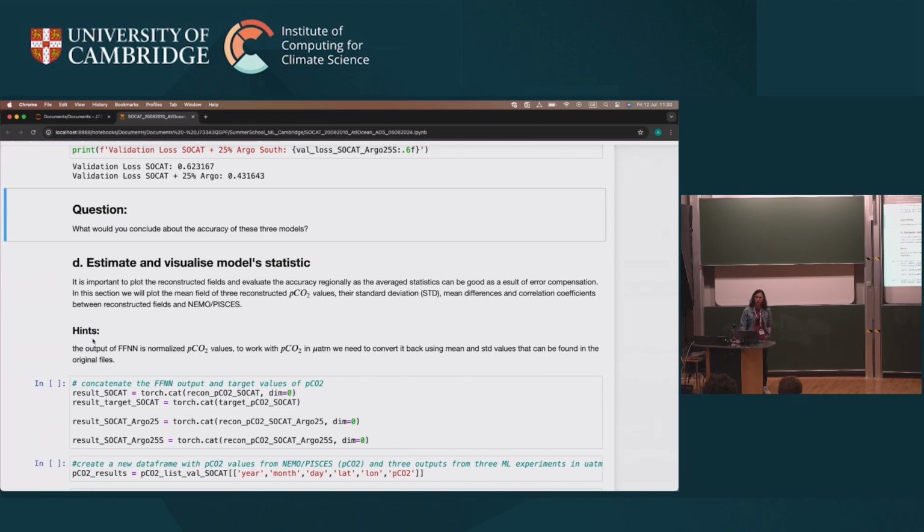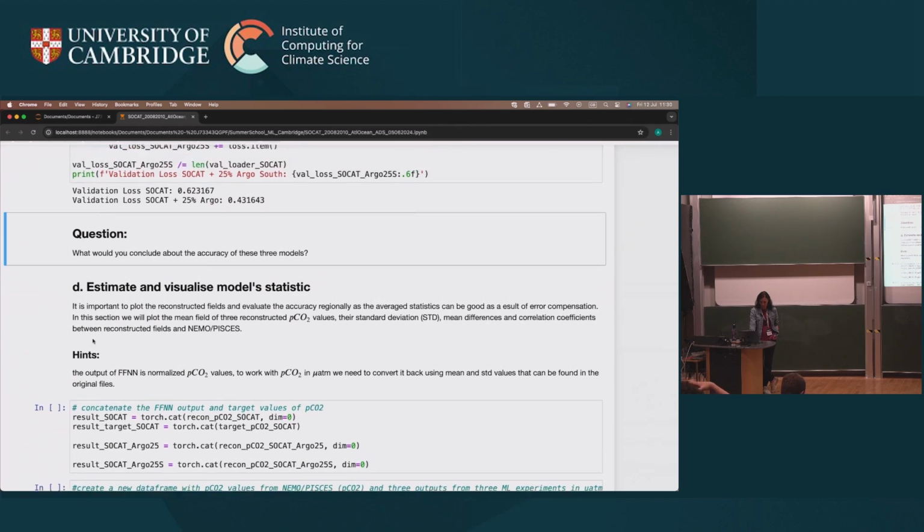So we need to apply again the standard deviation and the mean. Explicitly, you need to use the same mean and standard deviation as at the beginning. It was already in the file, and to economize time, it's already all written in the notebook.